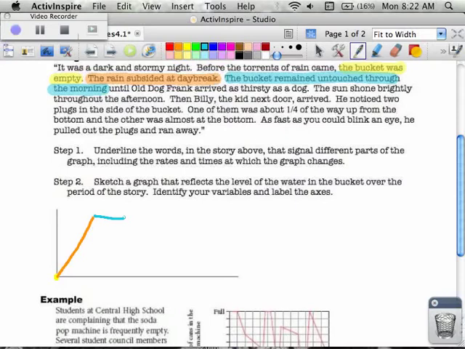And then, old dog Frank arrived and drank. He drank something, so something happened. And then the sun was shining, but obviously that's just evaporation. So when you evaporate, water goes out slower than maybe a dog drinking. So maybe the water is still decreasing, but maybe not as fast.